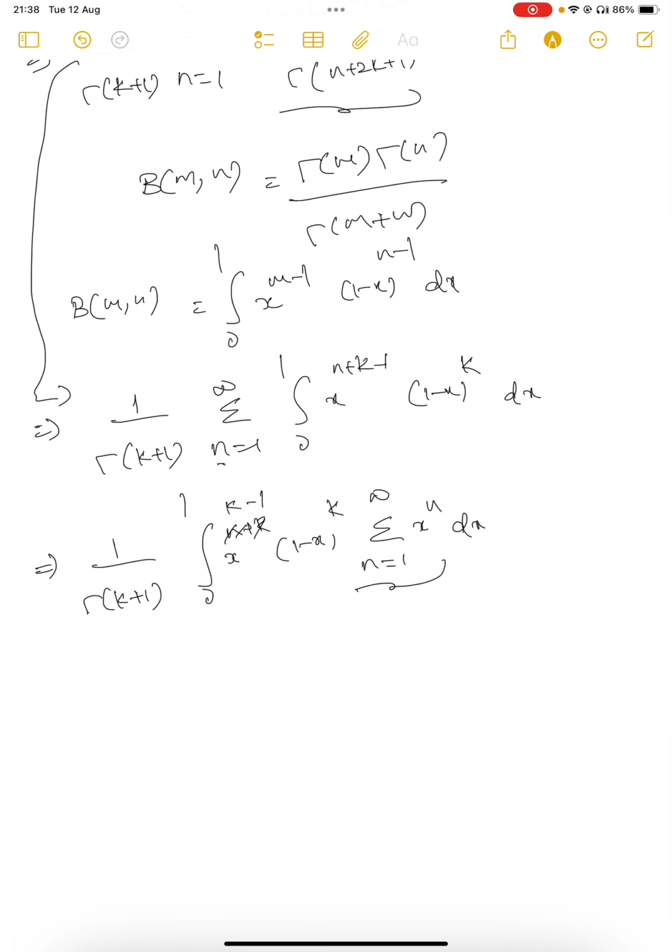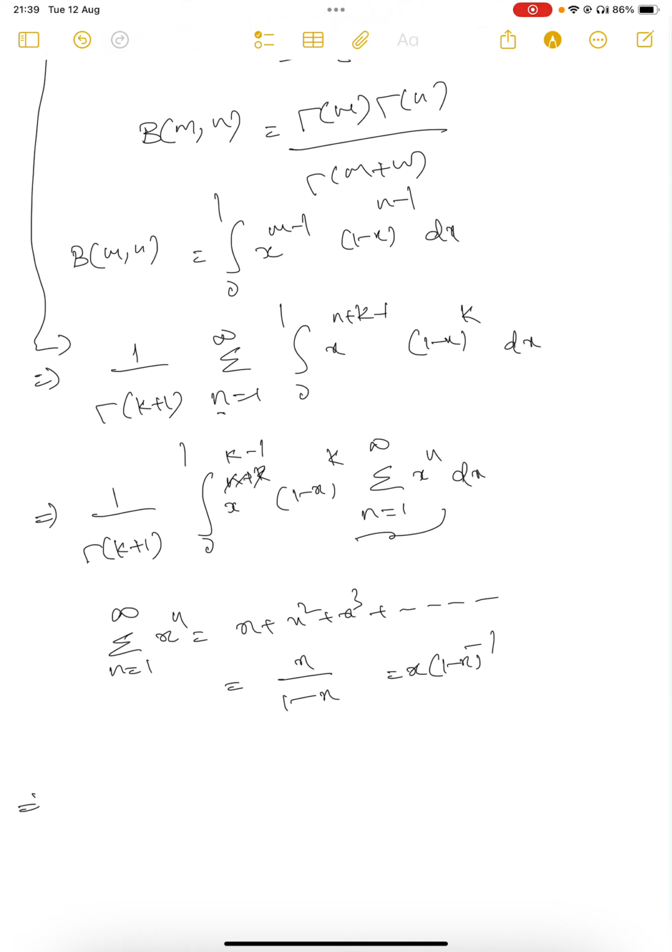So how will you calculate this? Summation n equal to 1 to infinity x power n is x plus x square plus x cube and so on. It is a geometric series whose summation is a by 1 minus r. a is the first term x, the common ratio is x, which can be written as x into 1 minus x whole power minus 1.